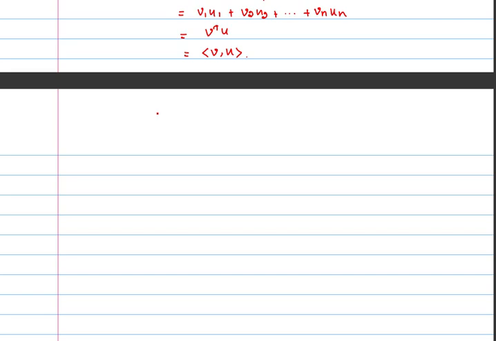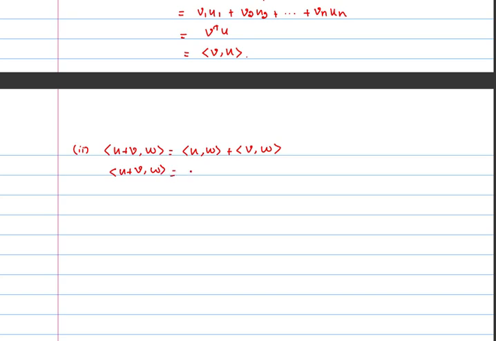What about the second condition? The second condition is u plus v comma w equal to u comma w plus v comma w. First we take the left hand side, that is u plus v comma w.